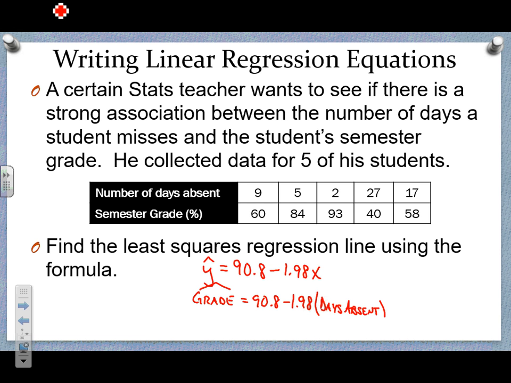So the negative aspect, it means the more days we miss, the lower our grade's going to be. But specifically, what does the negative 1.98 mean?